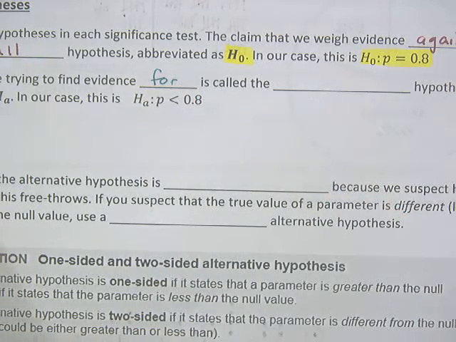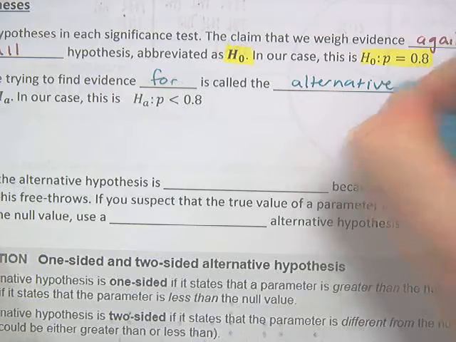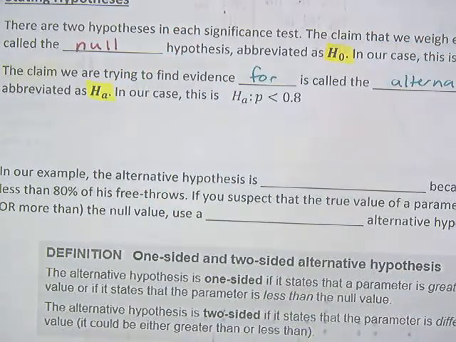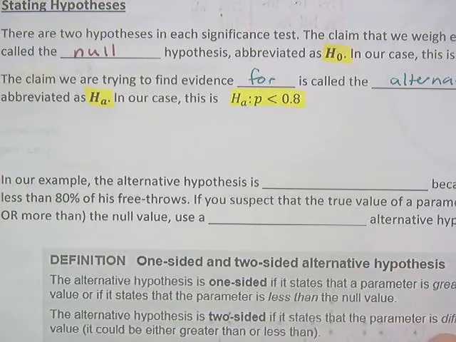And that's called the alternative hypothesis. Alternative. And it's abbreviated with an H sub A. In this case, we're trying to find evidence for what we think, which is that he makes less than 80% of his free throws.